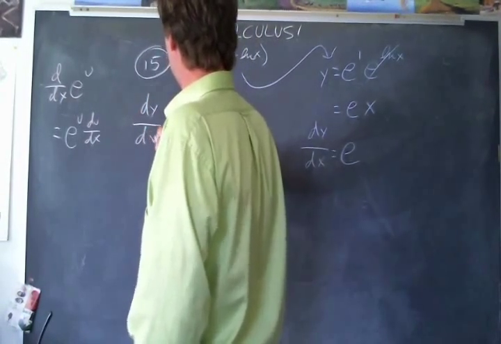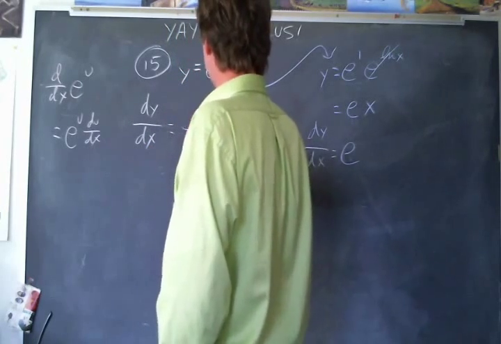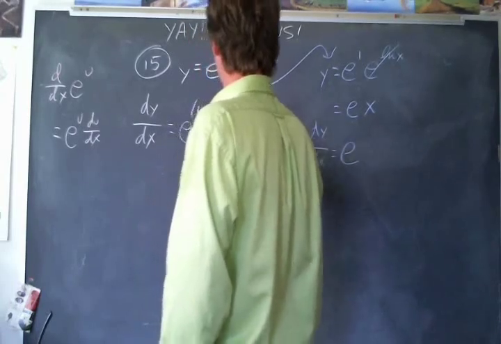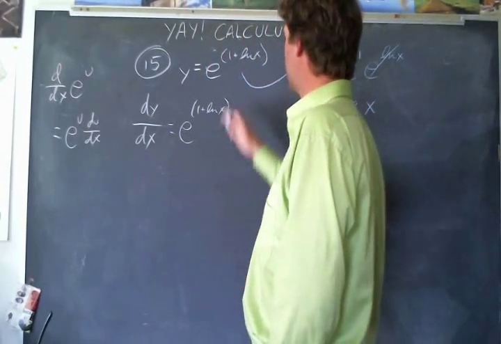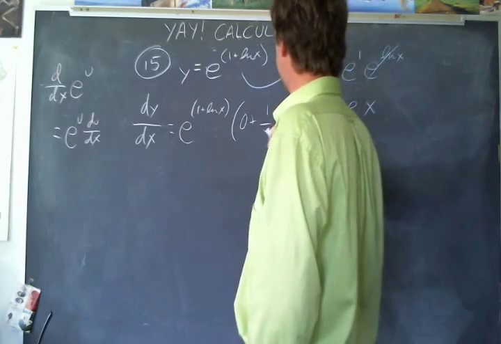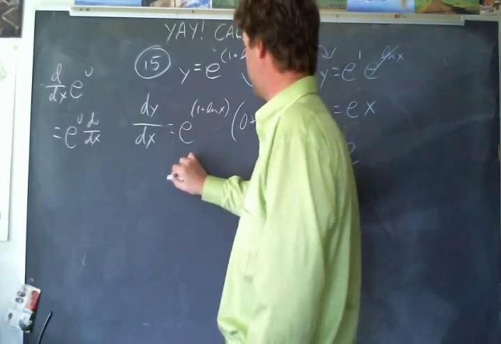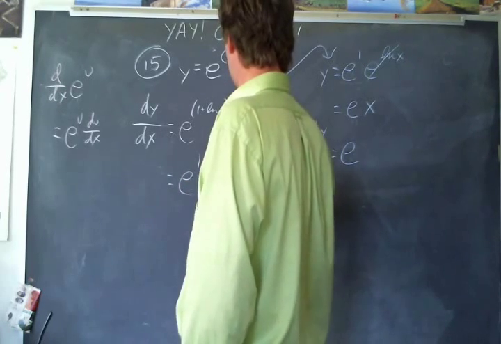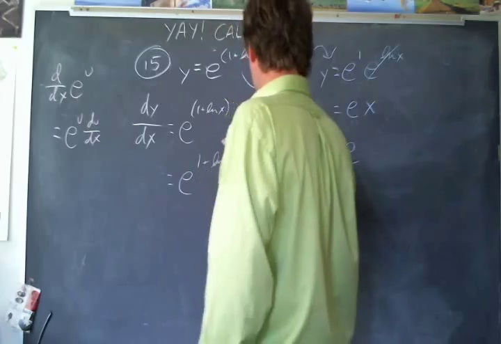dy/dx equal to e to the 1 plus natural log of x times the derivative of what's up here, which would be 0 plus 1 over x. e to 1 plus natural log of x times 1 over x.